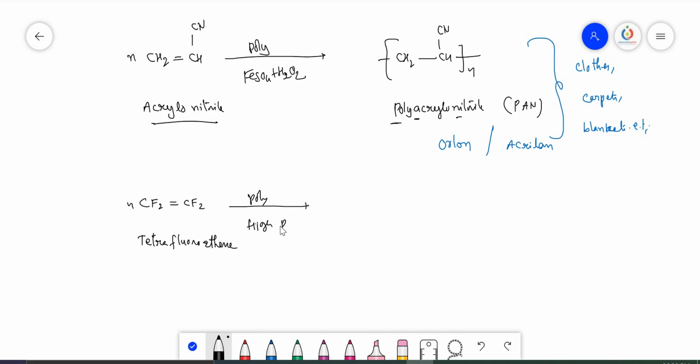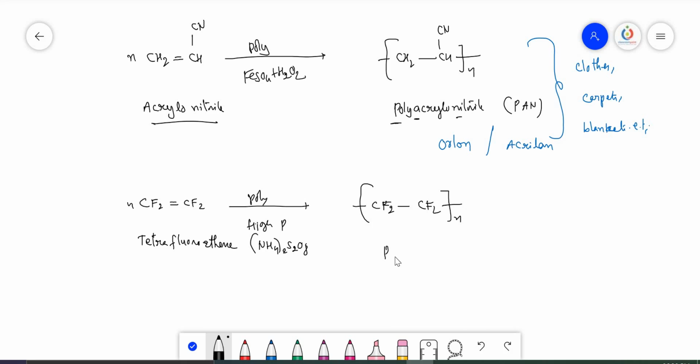Generally the catalyst is (NH4)2S2O8. So here you will get, just write down the pi bond outside, the CF2 units.